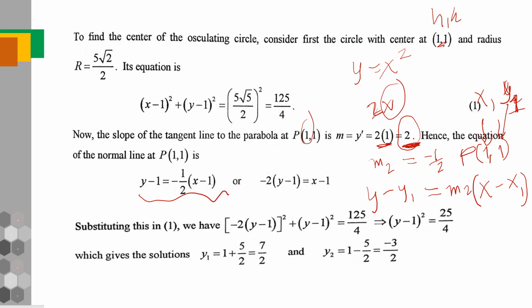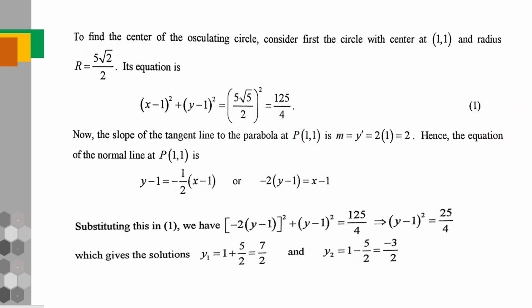You can also multiply both sides by negative 2. So you have negative 2 times (y minus 1) equals x minus 1.